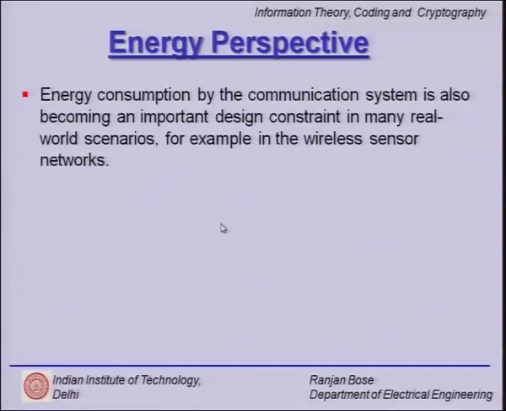Now, let us spend some time from the energy perspective. Today, energy is essential in the design aspect of all communication systems, be it from the green telecom perspective, increased battery life or better performance. Energy consumption by communication systems is an interesting and important design constraint.